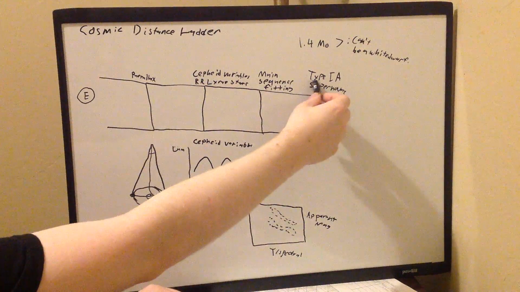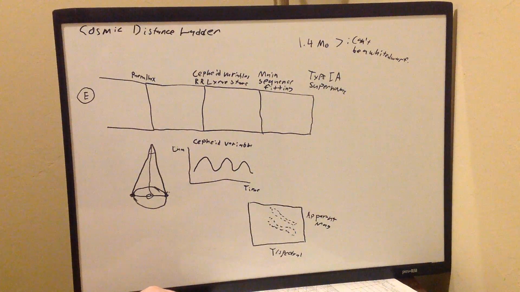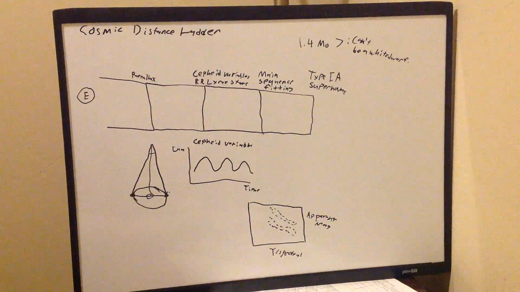These are called type 1a supernovae, and they are hugely useful because we know exactly how bright they should be, and they're really, really bright. We can see individual type 1a supernovae in other galaxies, right?